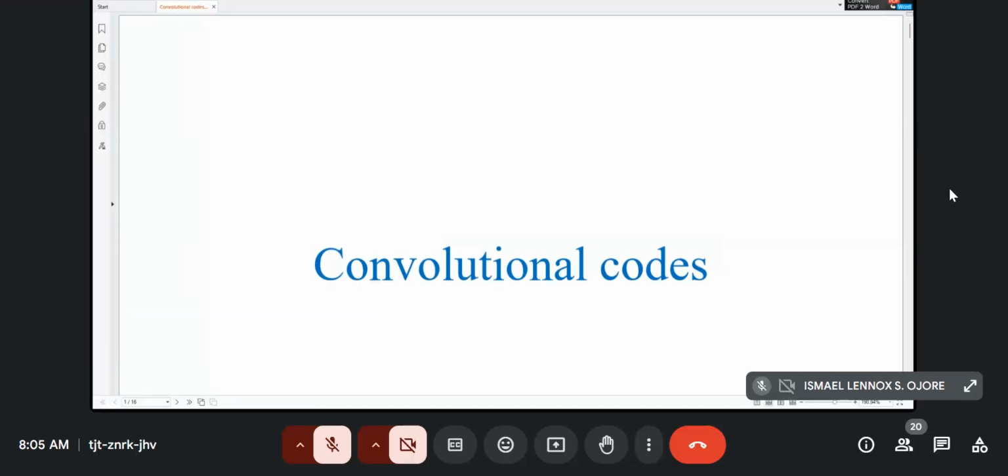Today again we will talk about another type of error correcting codes called convolutional codes.